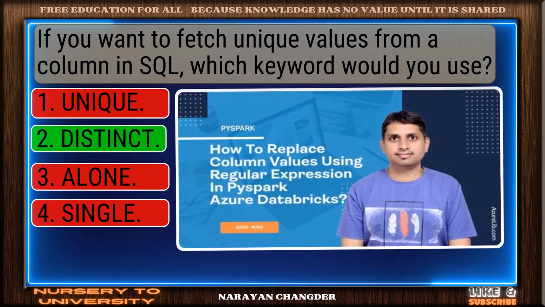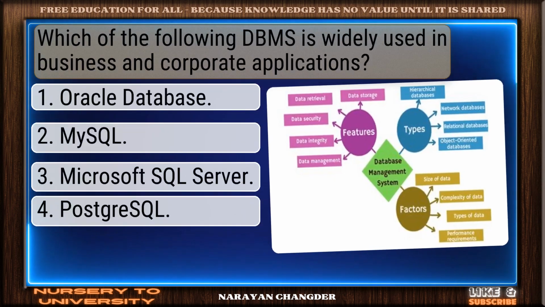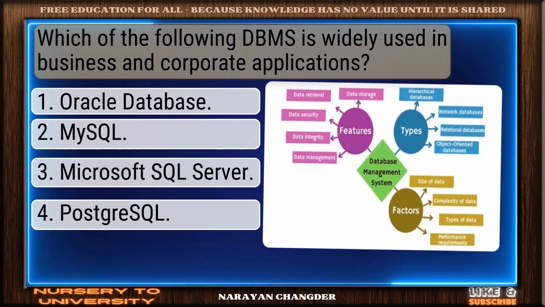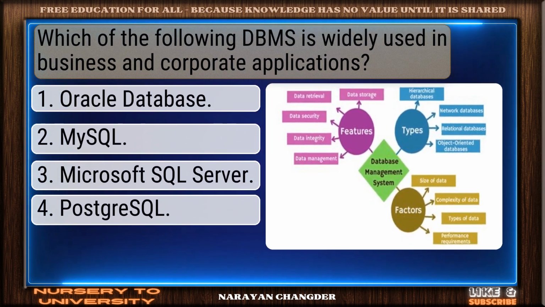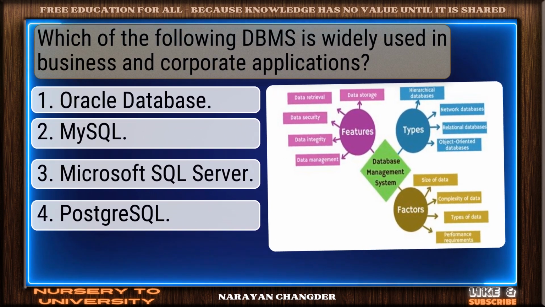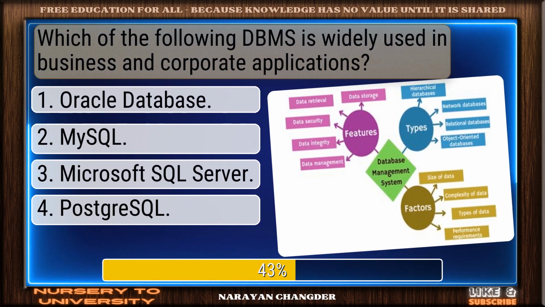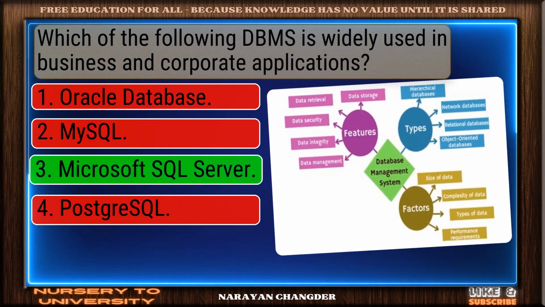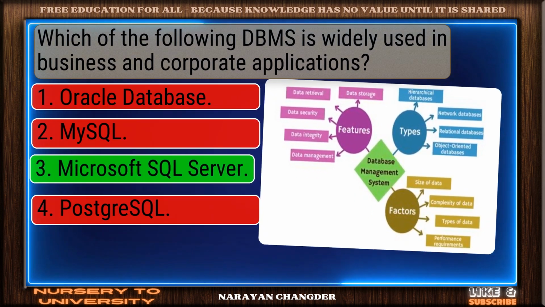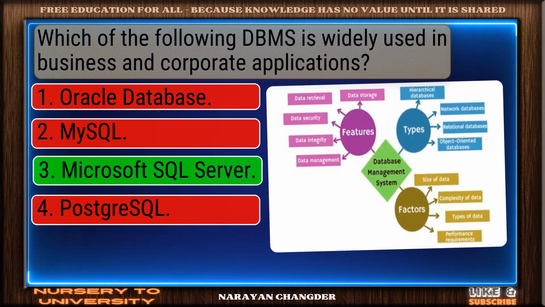Correct. Distinct is the right answer. Question number 11. Which of the following DBMSs is widely used in business and corporate applications? You got it. Your choice, Microsoft SQL Server, is right.